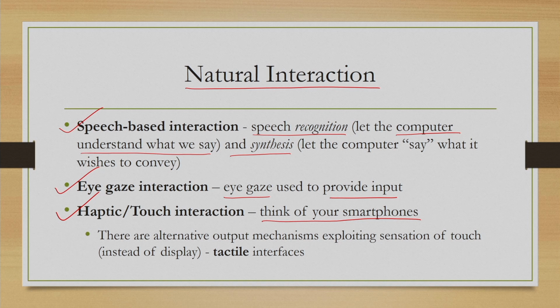There are alternative output mechanisms also exploiting the sensation of touch. These are called tactile interfaces. Here we do not rely on visual display, instead we go for tactile interfaces. These are primarily useful for people who have problems in seeing things.